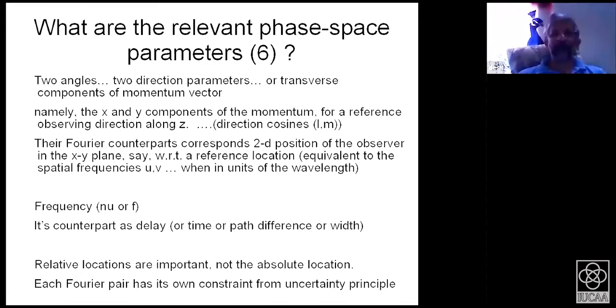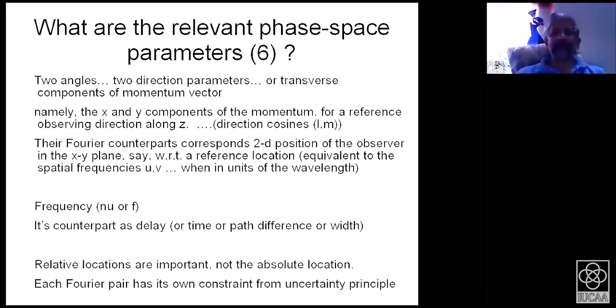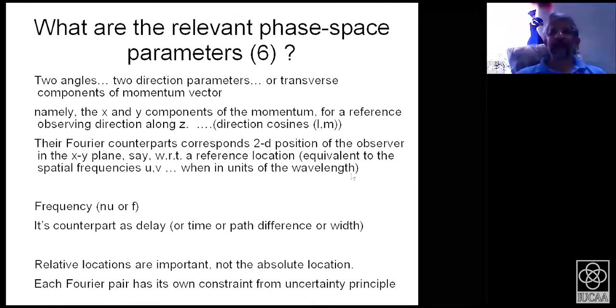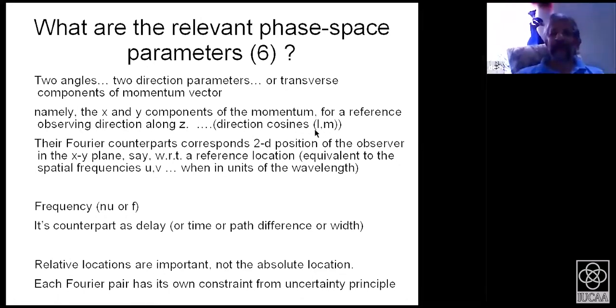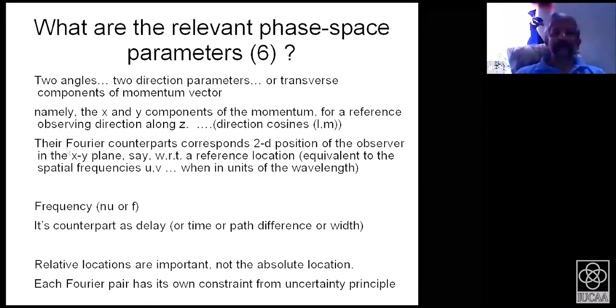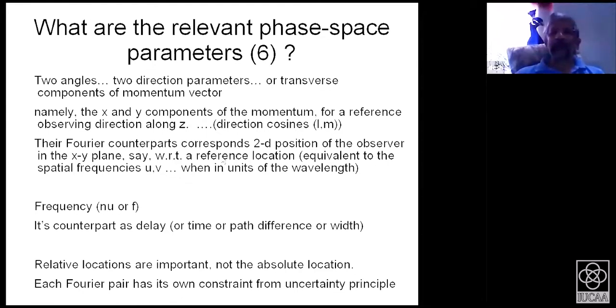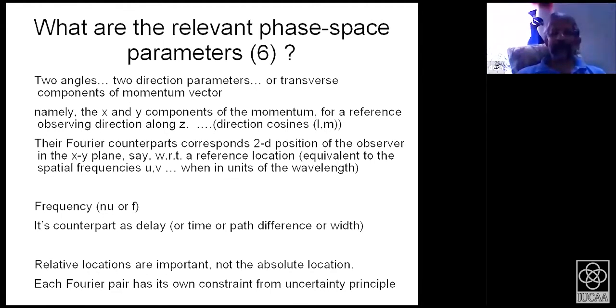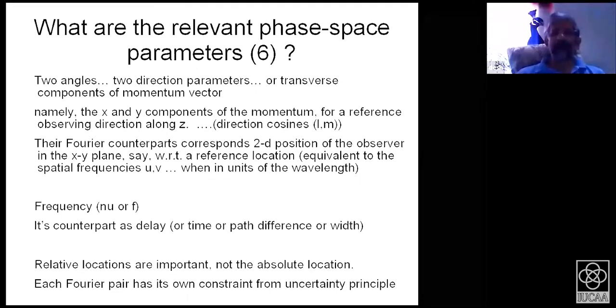The x and y's are transverse components, and they can be related to direction cosines, as you will see in the formulae John has been describing, the L and M tags. Their Fourier counterparts correspond to a 2D position in the observer's plane. Since we are dealing with this particular example, I'm taking specific reference to location in the observer's plane.